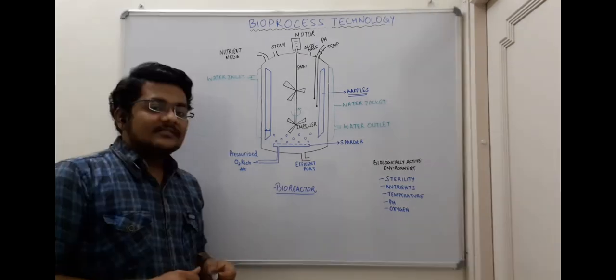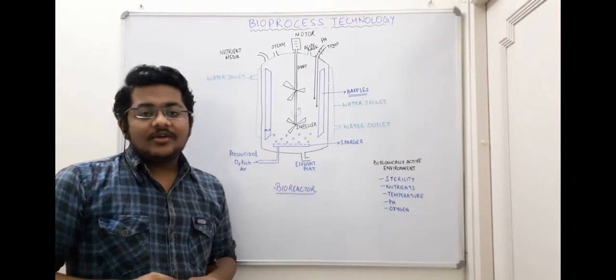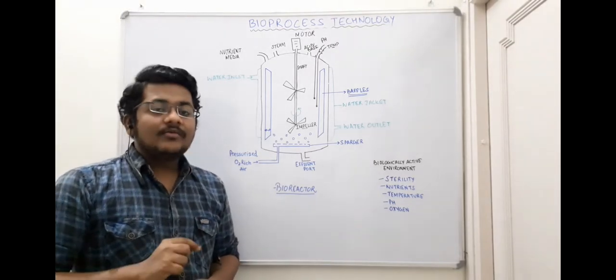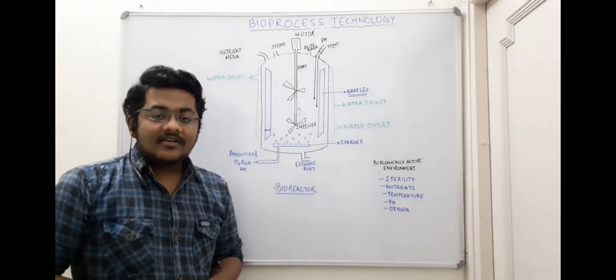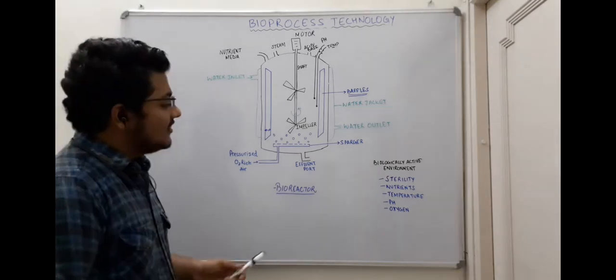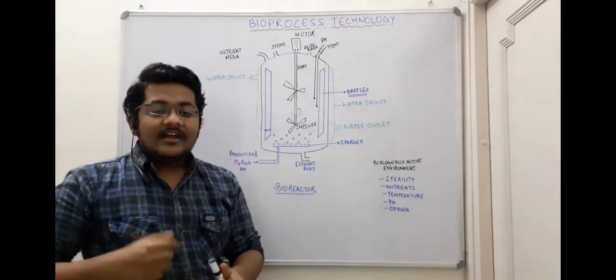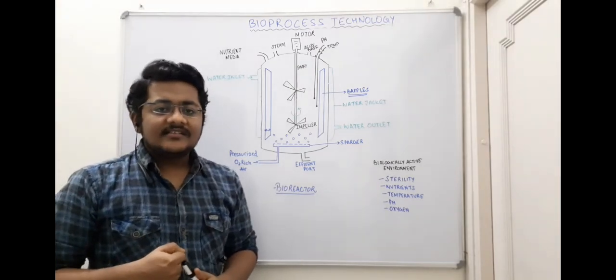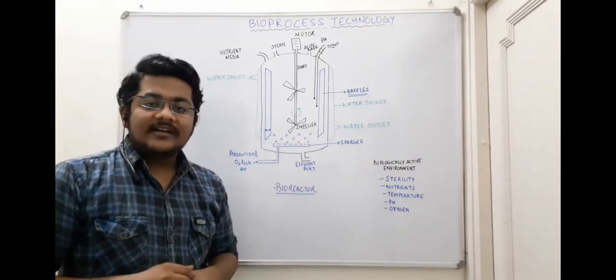each and every cell. The next point which comes here is temperature. We need to maintain optimum temperature if we want the microorganisms to grow, because enzymes inside microorganisms are going to work at optimum temperature only. So we have a temperature sensor here, and once we sense that the temperature is rising, we need to cool the bioreactor down.